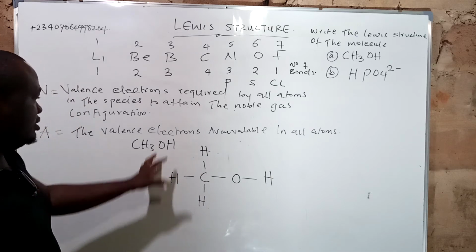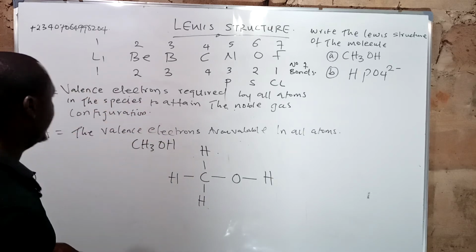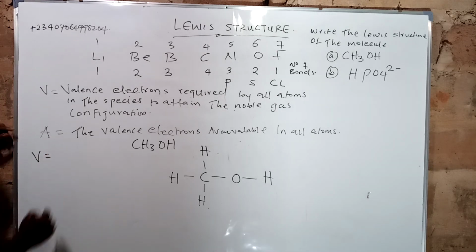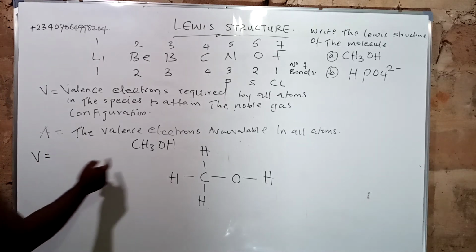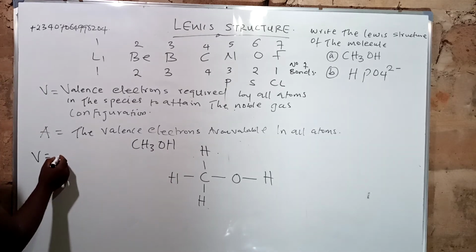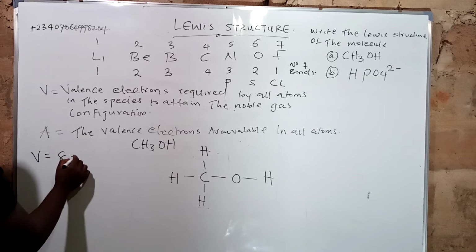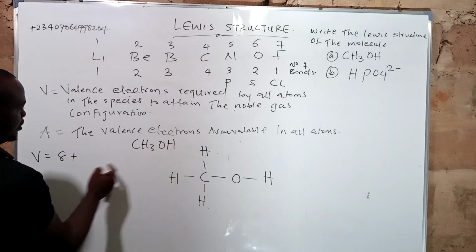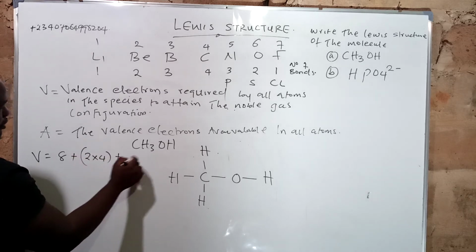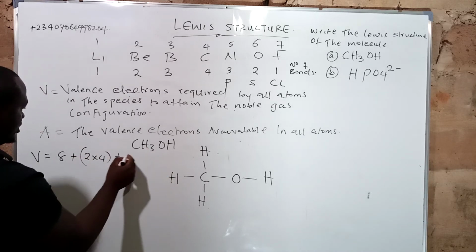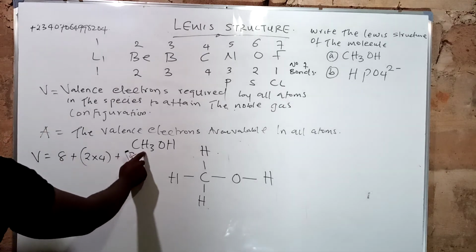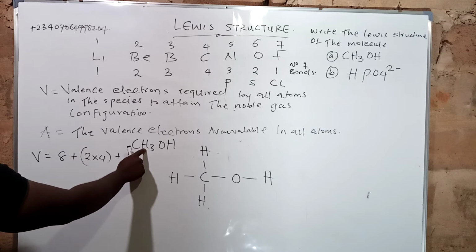The next thing is you want to calculate this, get your V. From here, V is the total: we have hydrogen, which is 4 atoms, times 2, plus carbon, which is 8, plus oxygen, which is 8, because the duet configuration of hydrogen is 2.